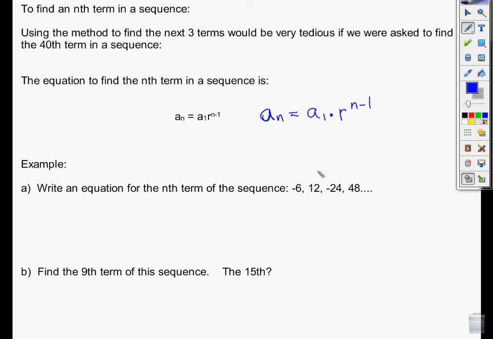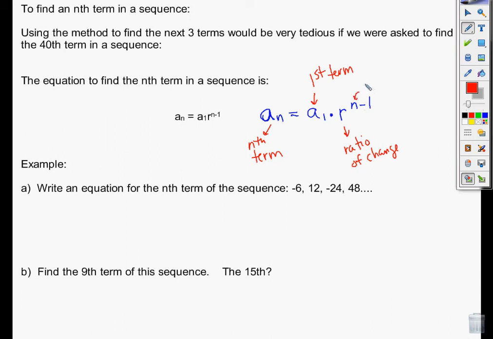Is that better? Okay, so a to the n is your nth term, whatever term you're looking for. A to the 1 is the first term, or a sub 1 is the first term. R is your ratio of change, so what you're multiplying or dividing by every time, but written as a fraction.